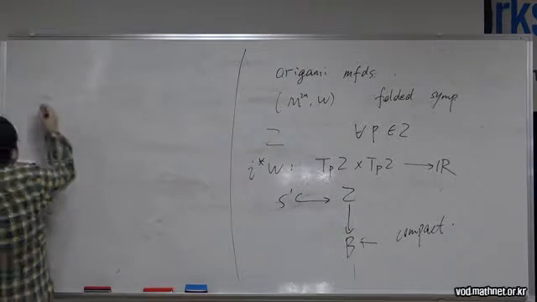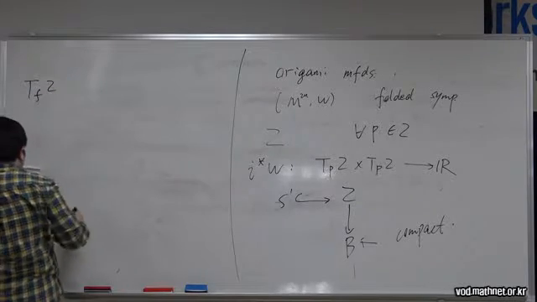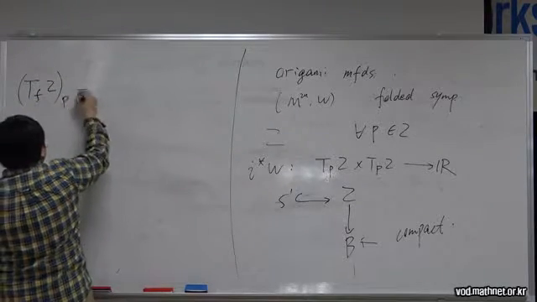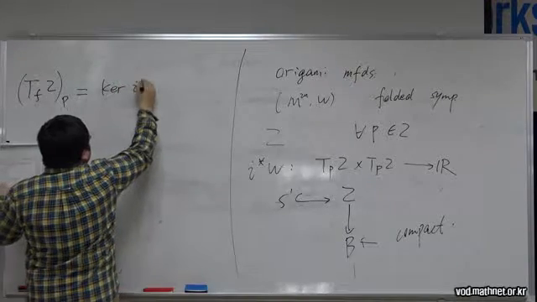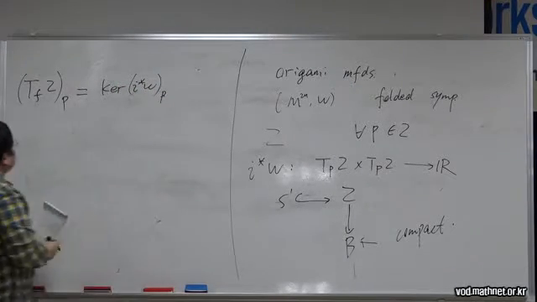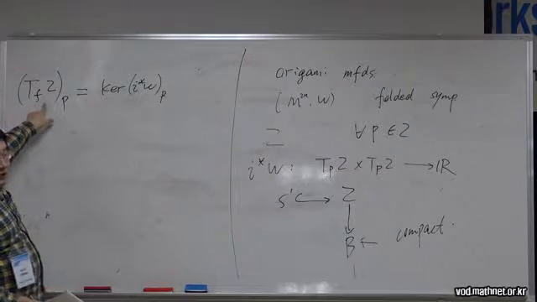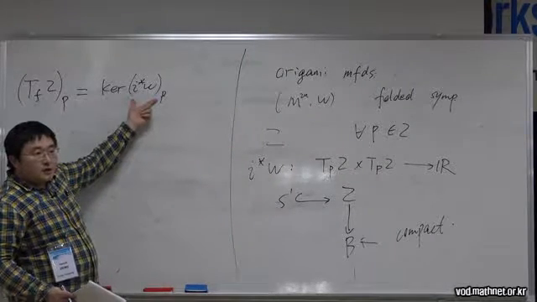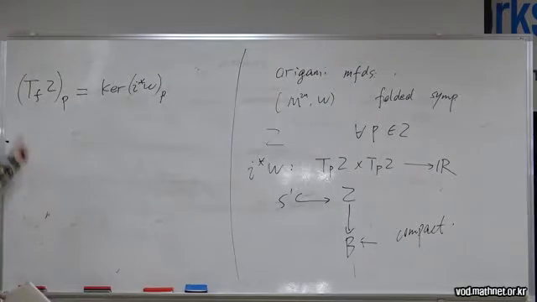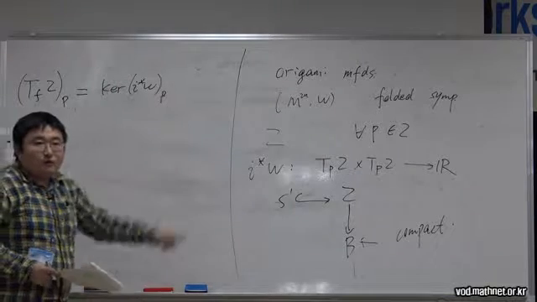Moreover, because this has a circle bundle structure, we can decompose the tangent space along the fiber direction and the horizontal direction. The fiber direction is just given by the corner. So this is the idea of origami manifolds.